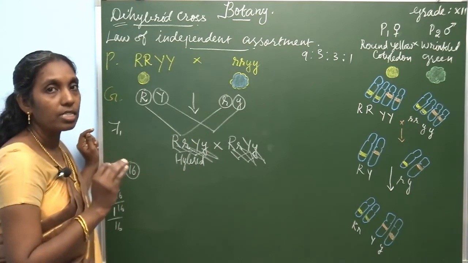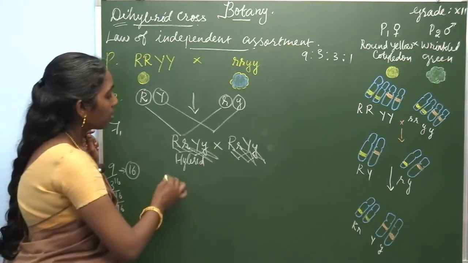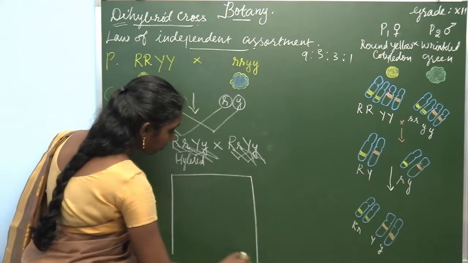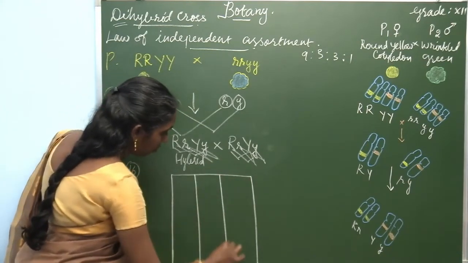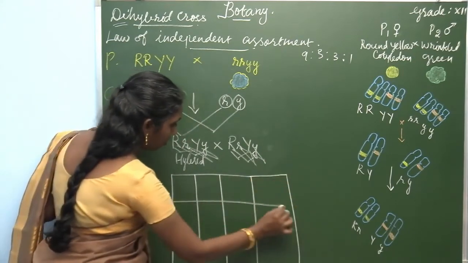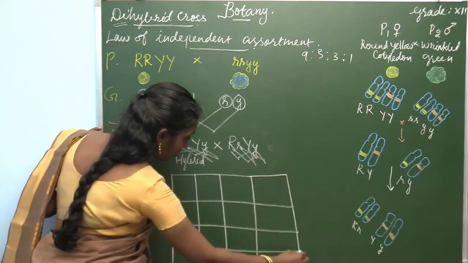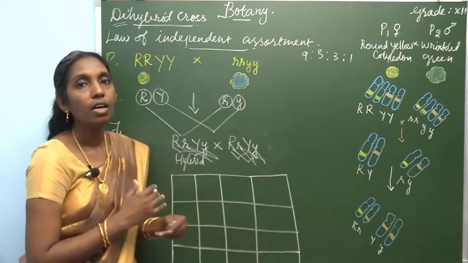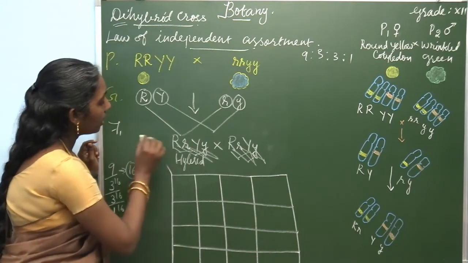It is very easily identified when you mark it in the Punnett square. So it contains 16 boxes. Draw it. One represents male gametes, another represents the female gametes. So here take out the gametes.